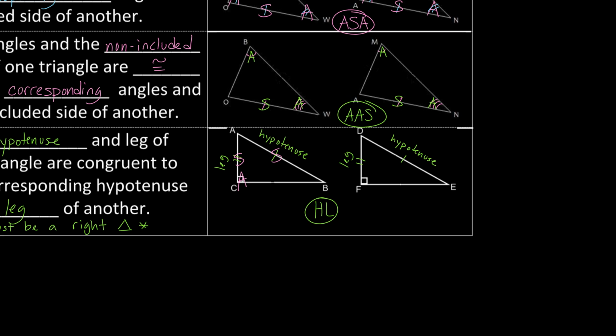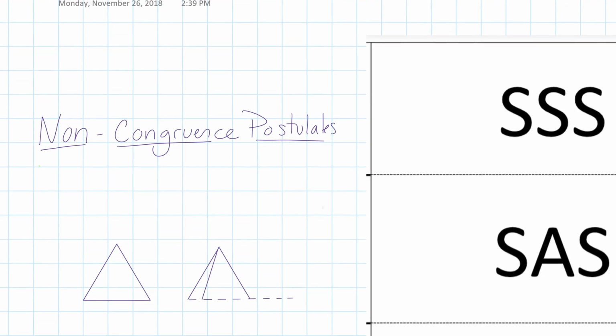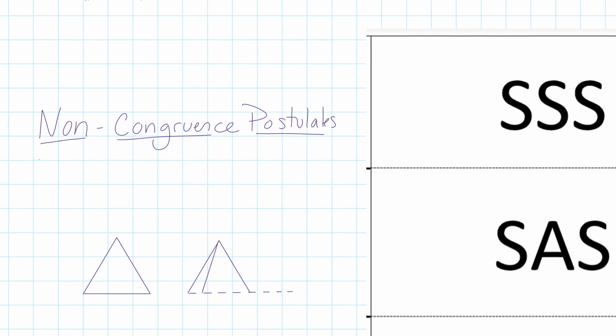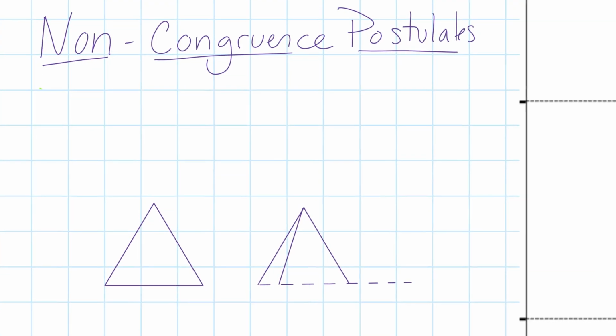So, now what I want you to do, this won't pause. On the left-hand side, right next to the notes that you just taped in, I want you to write down non-congruence postulates. So basically, these things are not congruence postulates. They do not prove congruence. Don't worry about drawing the triangles yet. Just write down non-congruence postulates.